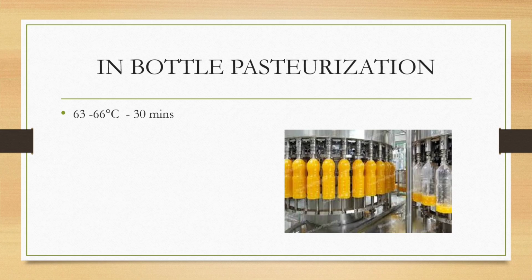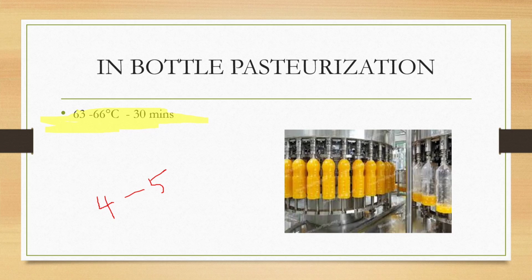For in-bottle pasteurization, the combination is 63 to 66 degrees Celsius for 30 minutes. After the heat treatment, there is always a cooling process, which brings the temperature of the product down to 4 to 5 degrees Celsius.